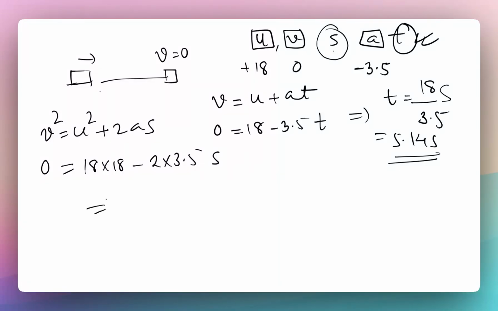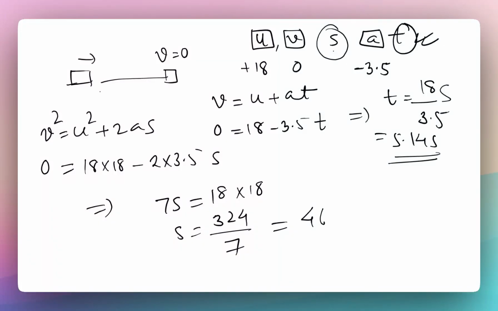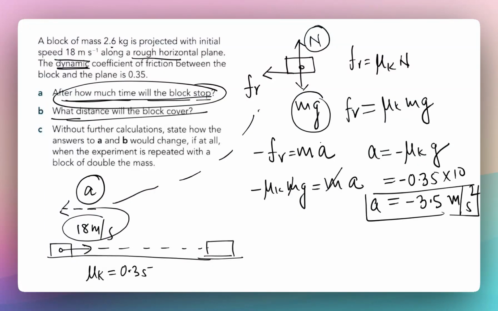This will go on that side, which will give us 7s is equal to 18 into 18, which is 324. So s is 324 divided by 7, that is going to be 46.28 meters. So with that we have solved part A and B.